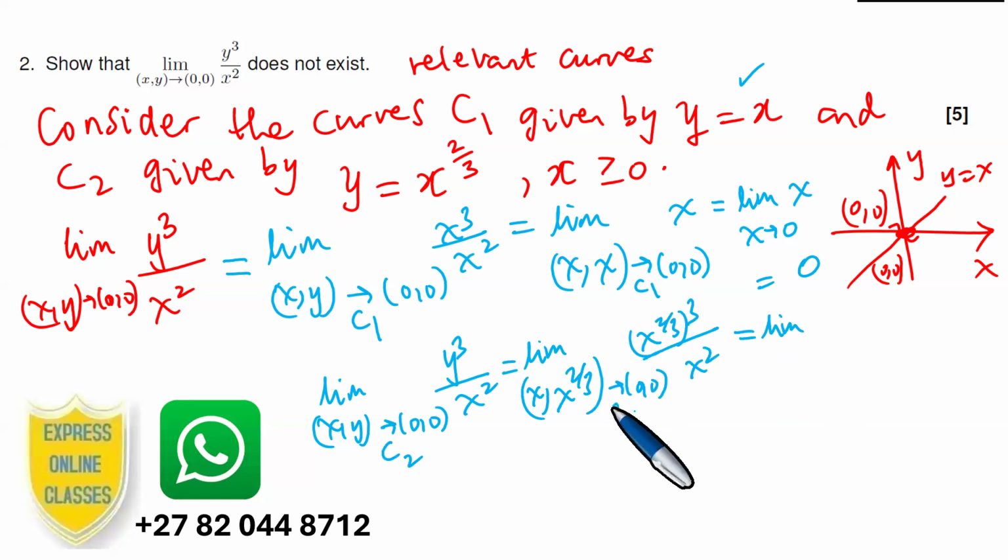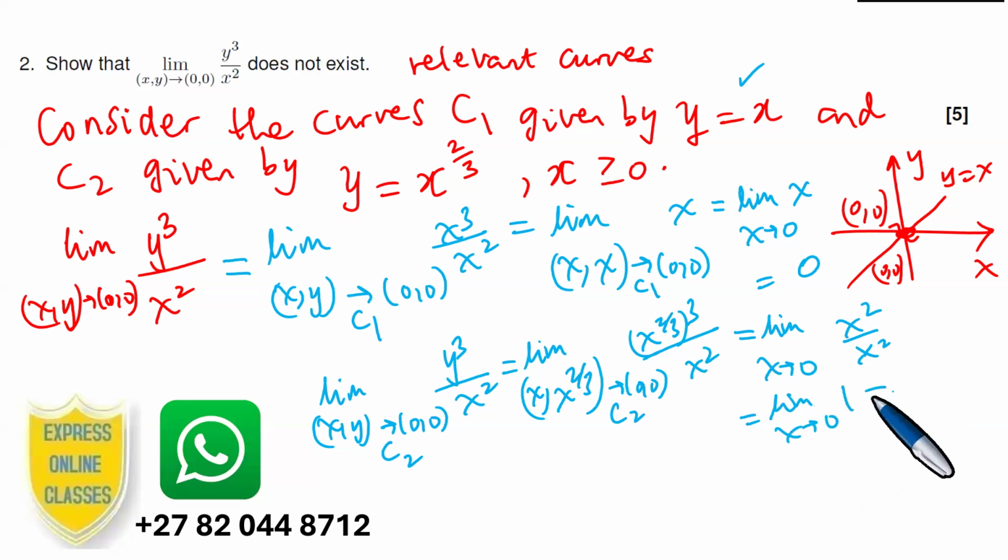So this one is still along curve 2, but as this approaches 0, it means that x approaches exactly 0. Now the 3 cancels here, giving us exactly x squared over x squared, which is the limit as x approaches 0 of 1, and this limit equals 1.